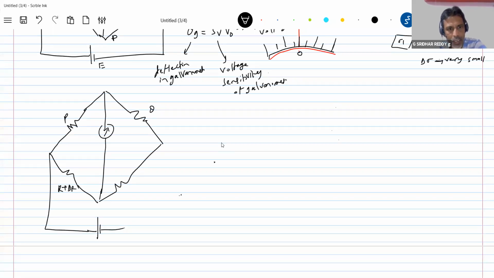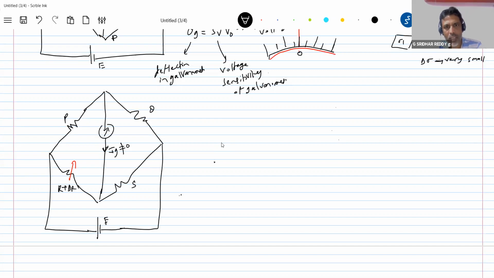The current through the galvanometer will be non-zero. Let's assume I'm going to change the value of R here. Definitely the current through the galvanometer will be non-zero. For a small change in R, if I'm able to notice some change in the current through the galvanometer, then the bridge is said to be more sensitive.